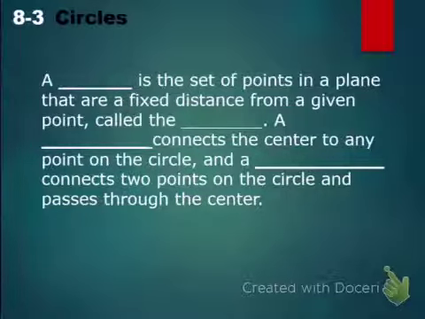This first one says a blank is the set of points in a plane that are a fixed distance from a given point. This is going to be a circle. And the point that they are a fixed distance from is called the center.